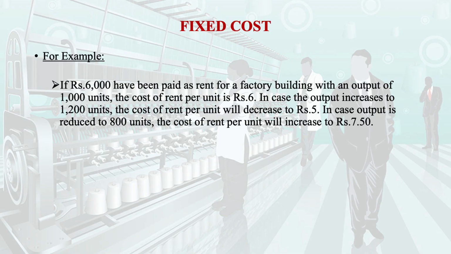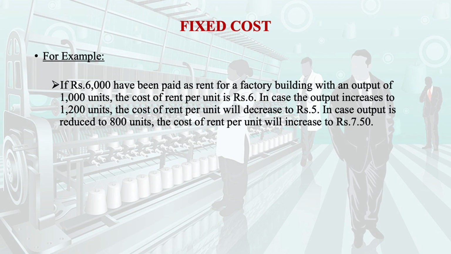For example, if we take rupees 6,000 as rent paid for a factory building for an output of 1,000 units, you can easily determine the cost of rent per unit: 6,000 divided by 1,000 gives rupees 6.